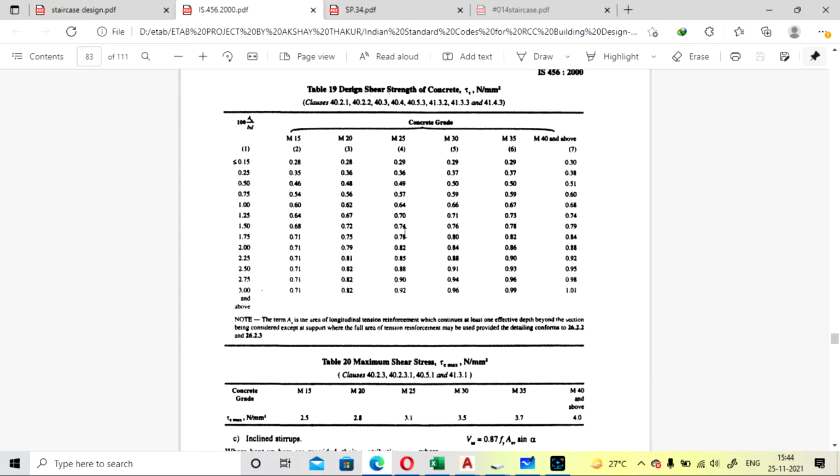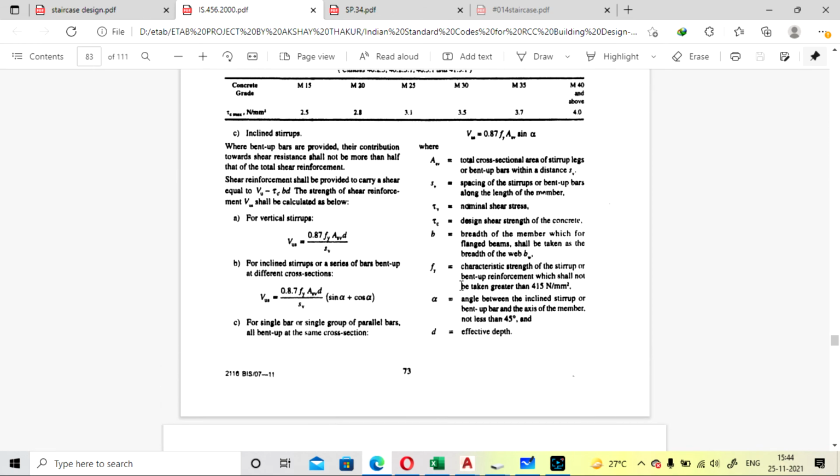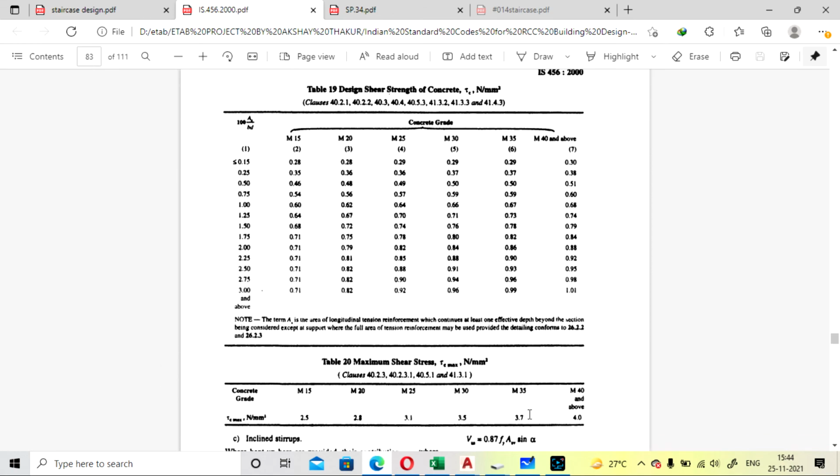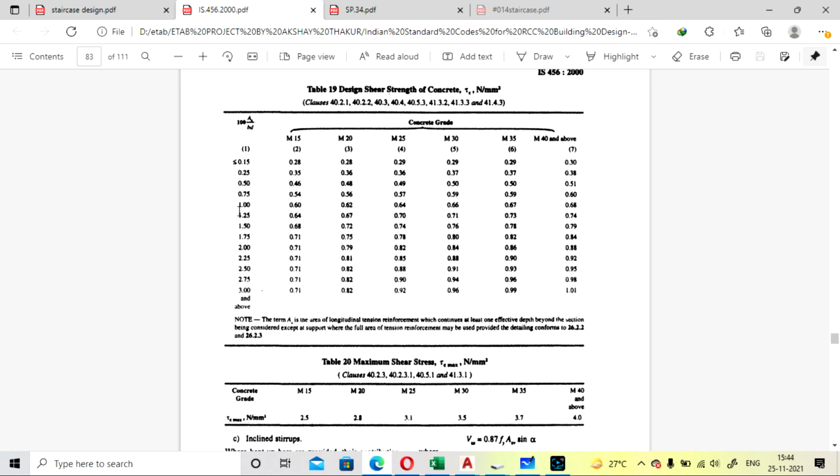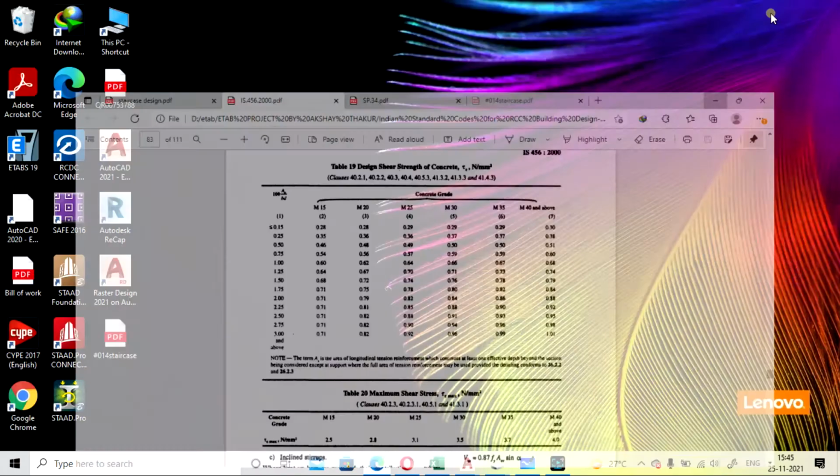Here in this Table 19, on page number 73 of IS 456, our percentage coming is 0.65. So for 0.65 percent, its value will come between 0.5 and 0.75, and for M20 grade its value will come between 0.48 and 0.56. Okay, so it is obvious that its value will be more than the 0.28 that we have calculated.